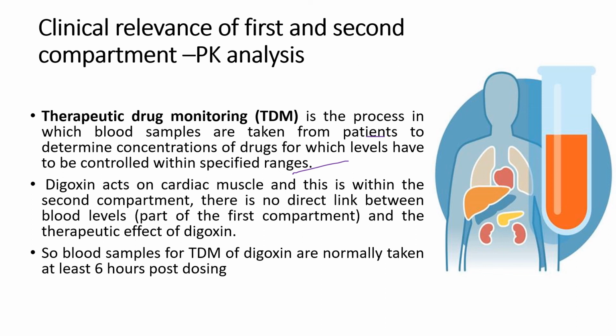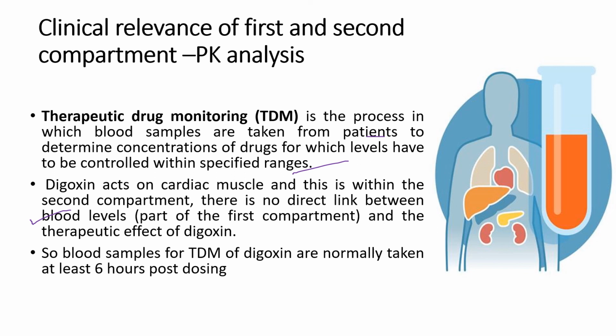It generally acts on the cardiac muscle, and this is within the second compartment. There is no direct link between the blood levels, that is the first compartment, and the therapeutic effect of digoxin. It is the amount of drug in the second compartment that is more important. So the concentration in the second compartment will be directly linked to the outcome. Whatever the concentration in the first compartment, it has less significance.